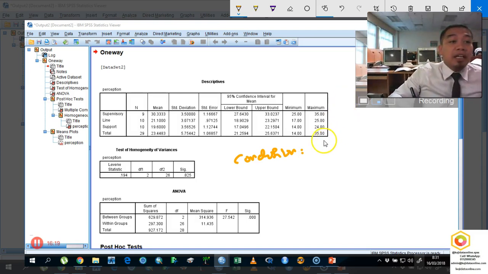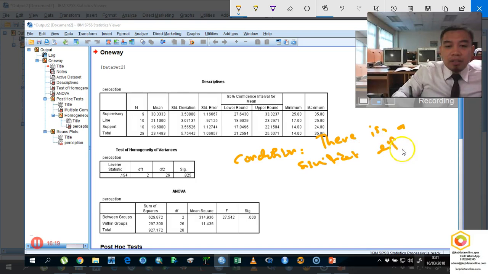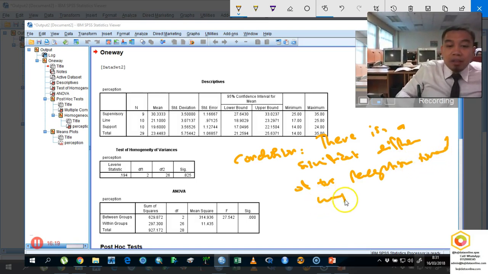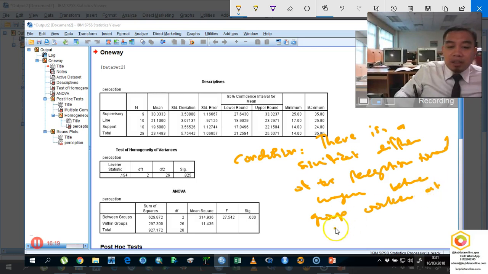So we are going to say there is a significant difference of the perception towards management between groups of workers at the significant value 0.05.